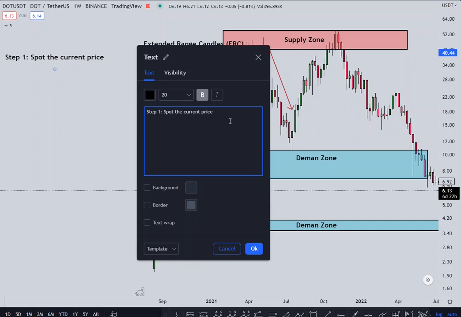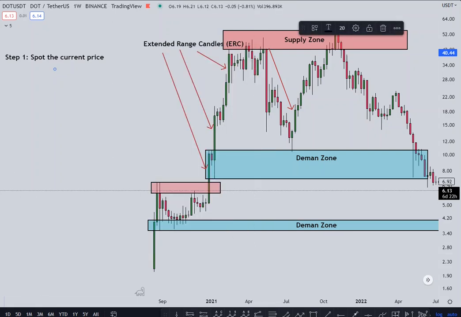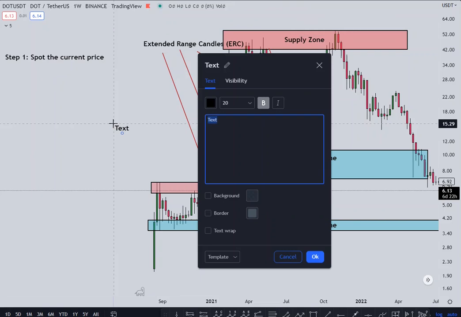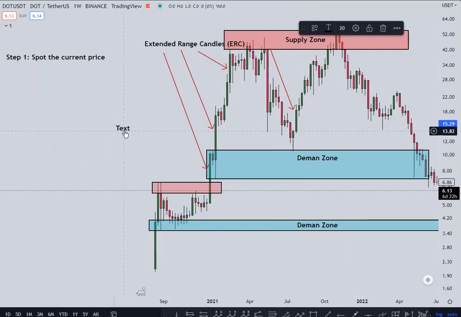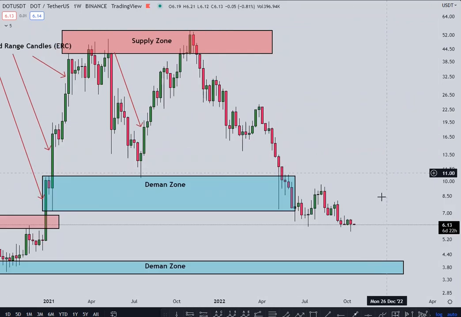You need to spot the current price on the chart, then look at the left side of the chart and find a big, strong lineup of candles, either moving up or moving down. Here, for example, we are here, and you have to take a look on the left side to see what's happened in this part of the chart.